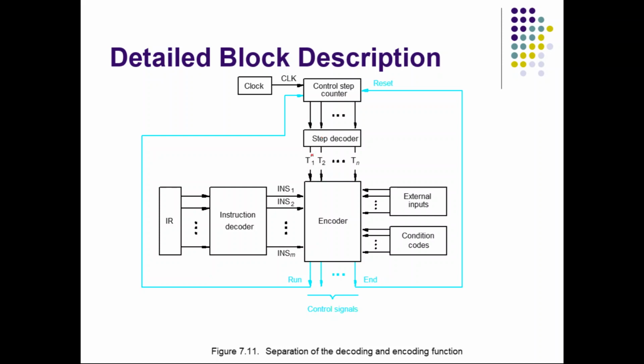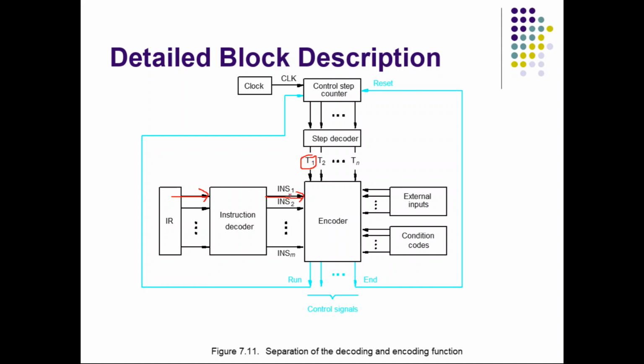T1 represents what are the things that should be done at time 1, that is the first clock cycle. Okay, then accordingly in that clock cycle what should be done, that particular thing will be enabled by the IR. Okay, the instruction decoder will decode those instructions alone, and it will enable the appropriate signals.